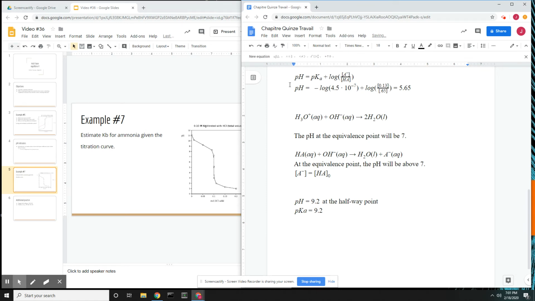And then there's a couple of different ways that I could convert this to Kb. I'm going to go with doing pKa plus pKb is equal to 14, but there's other ways to do this as well.